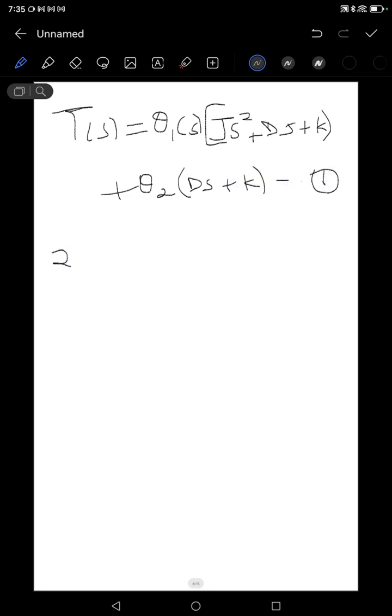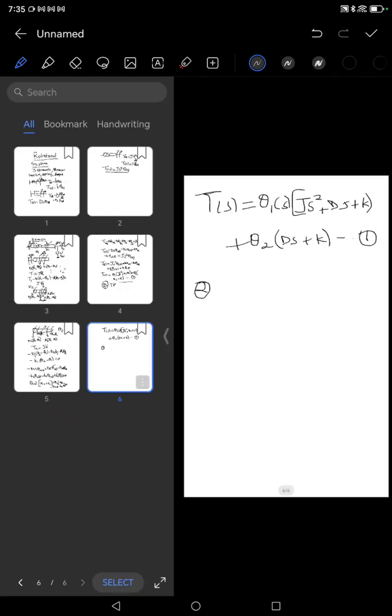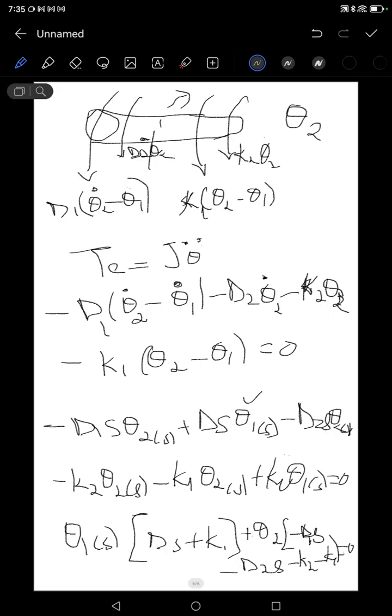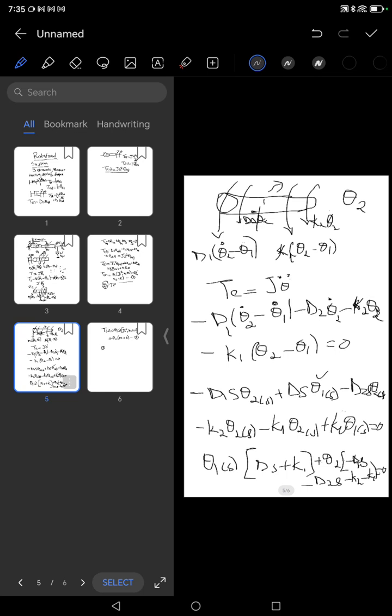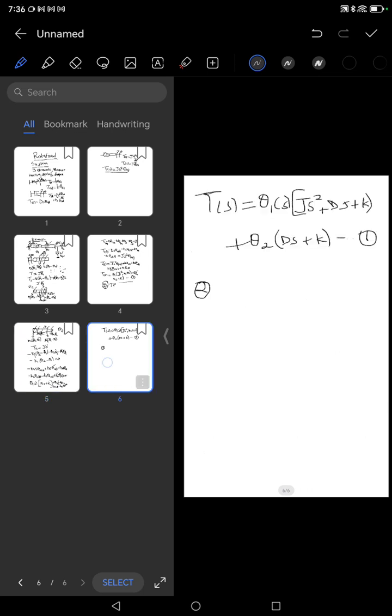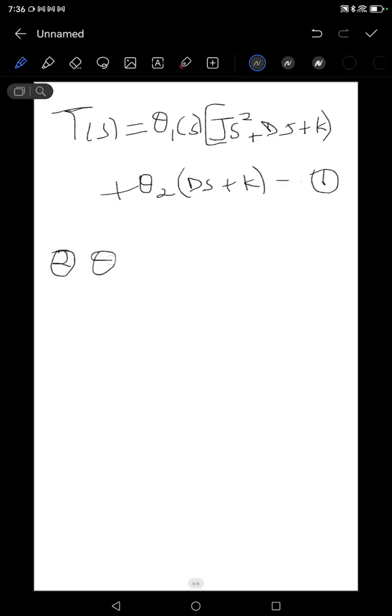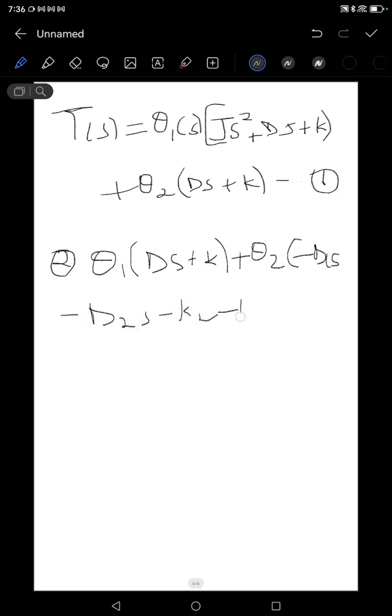Then our second equation, it's theta 1 into Ds plus K plus theta 2 into minus 1 D1s minus D2s minus K2 minus K1.